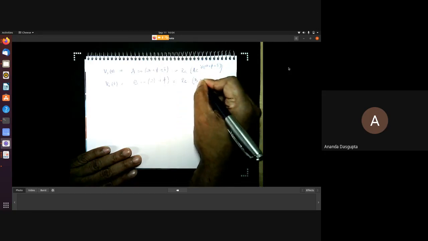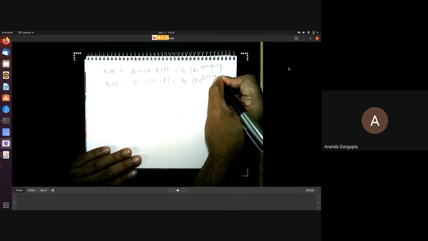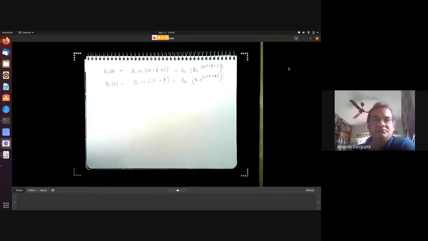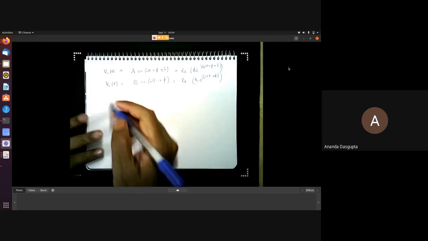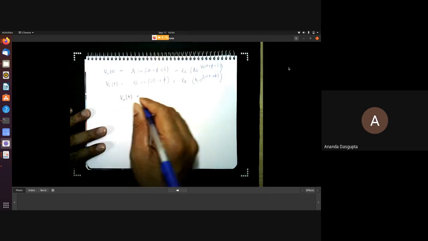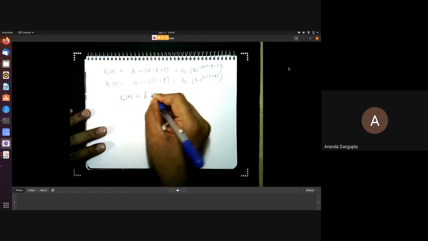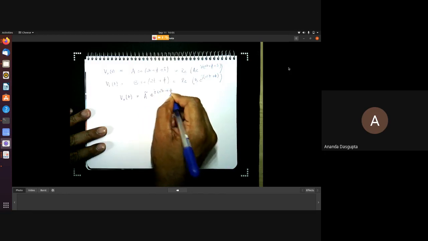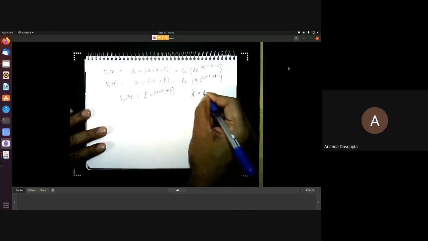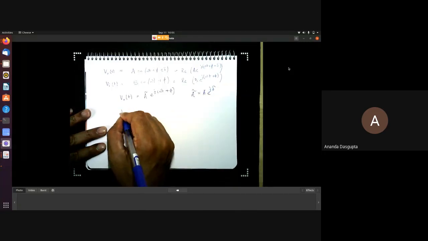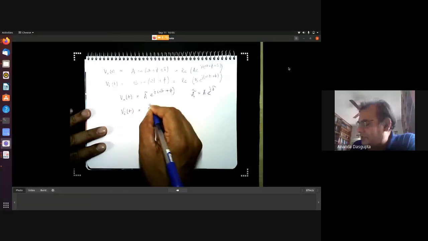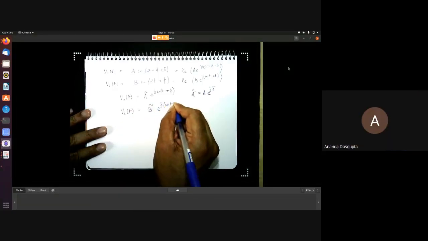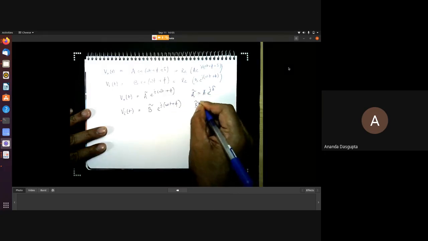So the real part of B, and after a while what we did was simply forget, or pretended to forget, that we were dealing with real parts of complex functions, and then said something like Vo of t is not the real part of anything, it's just A tilde e to the j(omega t plus phi), where A tilde of course is A e to the power j delta, and Vi of t, the input, at the same time was B tilde e to the j(omega t plus phi). So B tilde here of course is simply the number B.